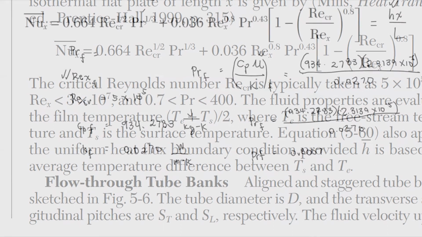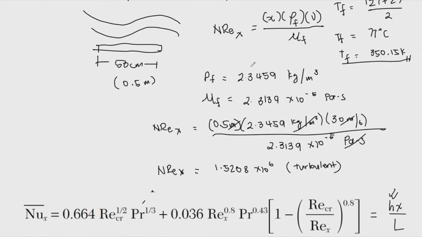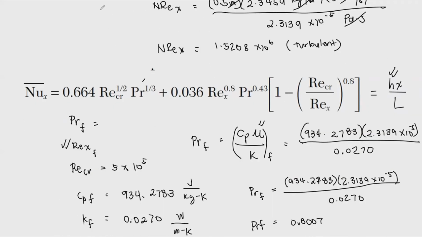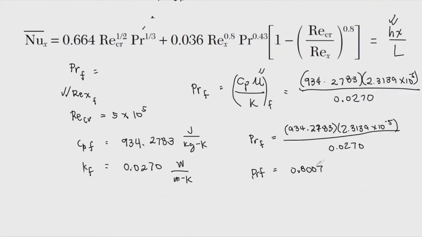Ours actually falls in that case, since ours is less than 3 times 10 to the 7 but greater than our critical, which is 5 times 10 to the 5th. And the second condition is that the Prandtl number should be greater than 0.7 and less than 400. In that case, we have 0.8, so it is applicable.